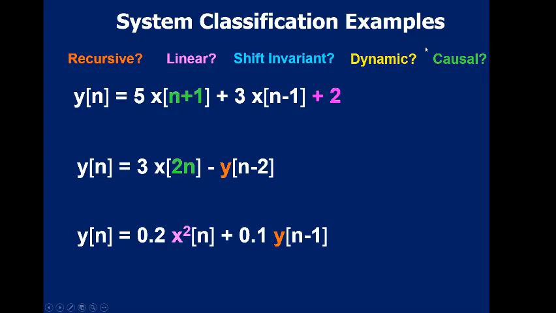Most of them will be causal, although they don't have to be if you're doing it computationally, as long as you can tolerate some sample delays between your computed output that you want and when the data is coming in. And recursive or non-recursive is actually going to be a design decision we'll make when we get to designing discrete time systems, whether we want to do an implementation that's recursive or non-recursive.